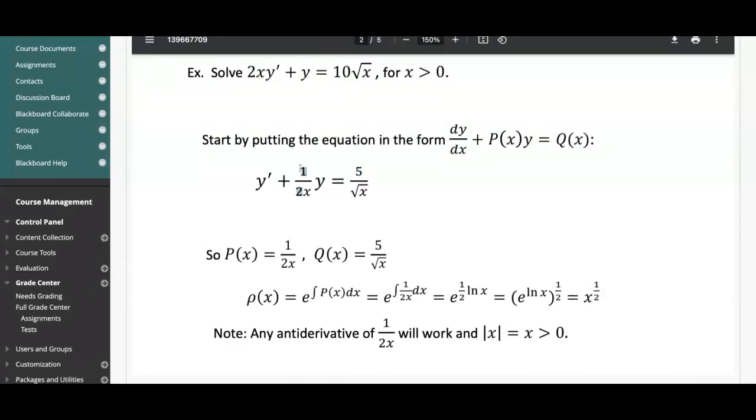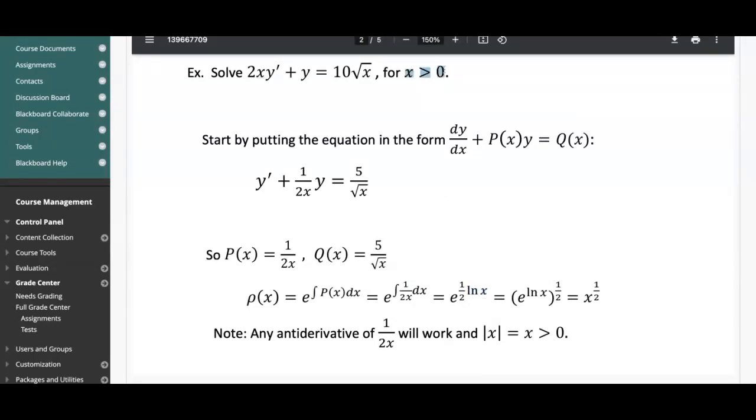So this is p of x. This is q of x. So the integrating factor is defined over p of x, so e to the integration of p of x. In this example, p of x is 1 over 2x. So we just do e to the integration of 1 over 2x. Half is a scalar, so we pull half outside and integrate 1 over x, that's just ln x.